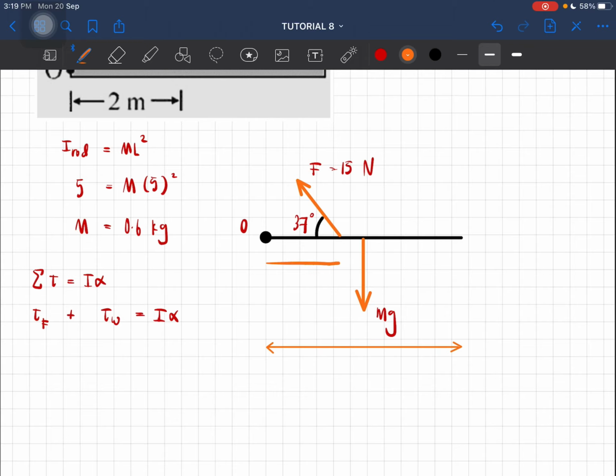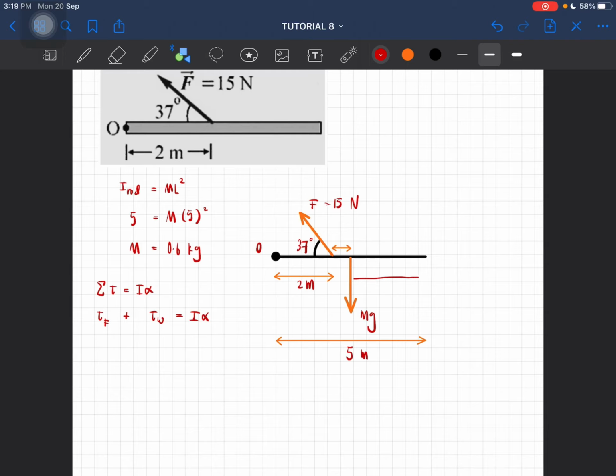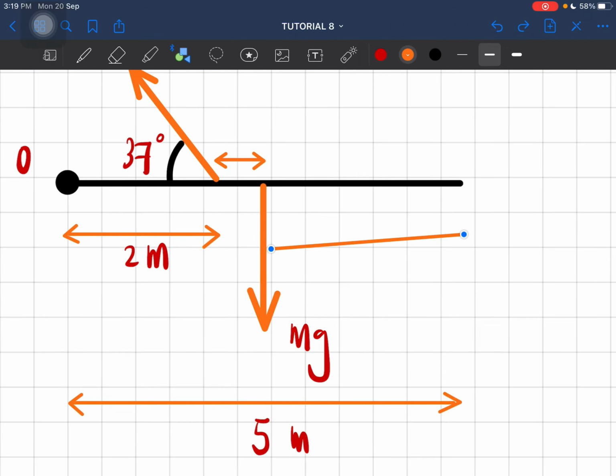This one is given as well, which is 2 meter. Then we have to calculate this distance too. The rod's length was 5 meter, so 5 minus 2 is 3.